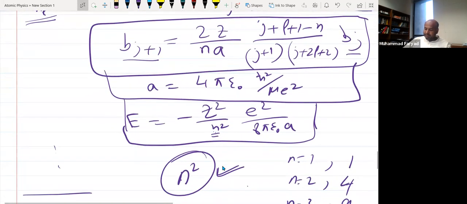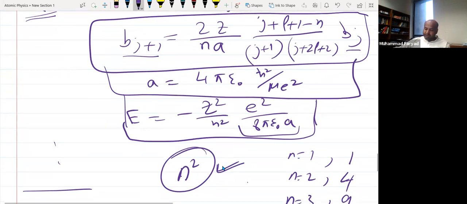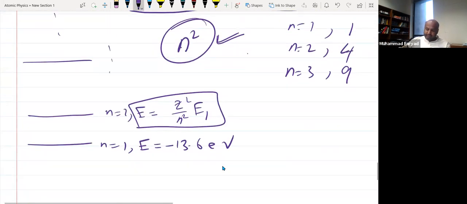So we just keep multiplying with z square and dividing by n square to get all these energy levels. And I'm sure you all know how to get these energies out.